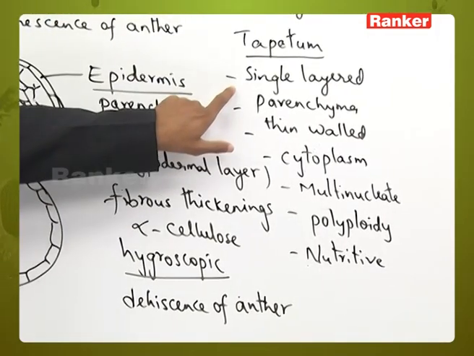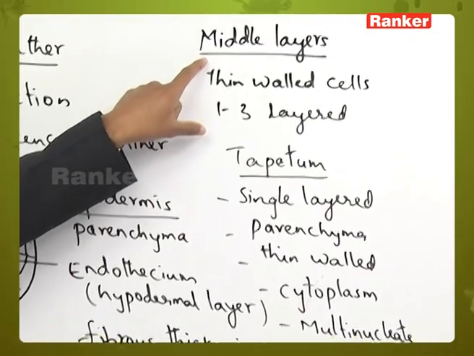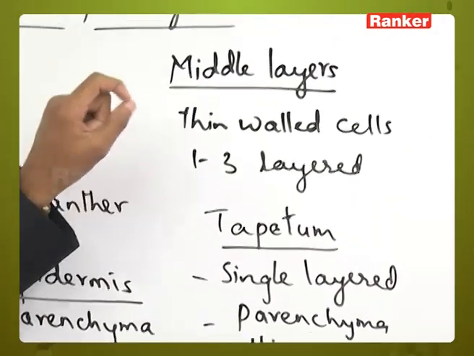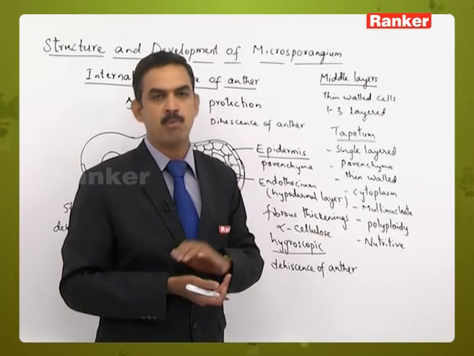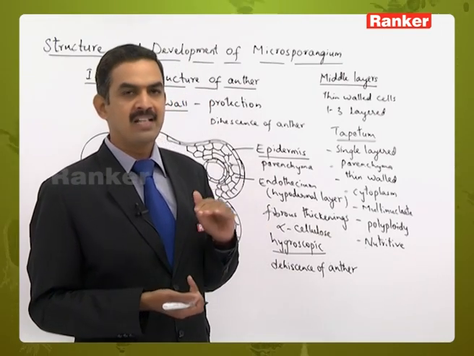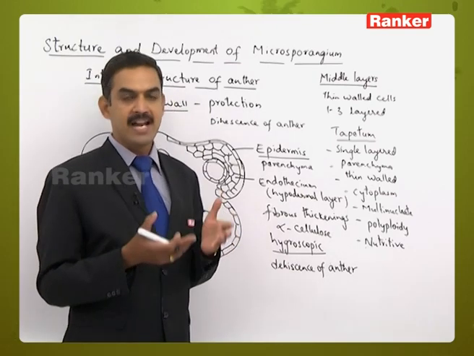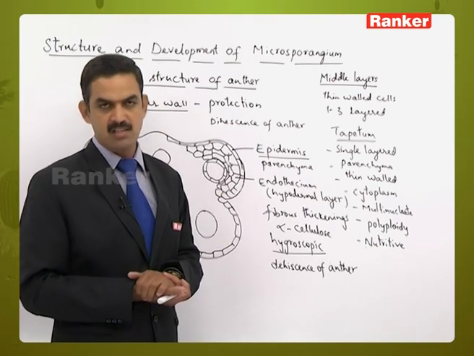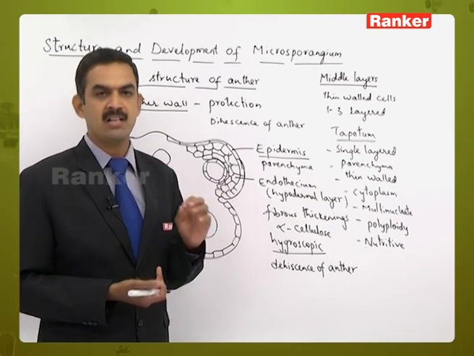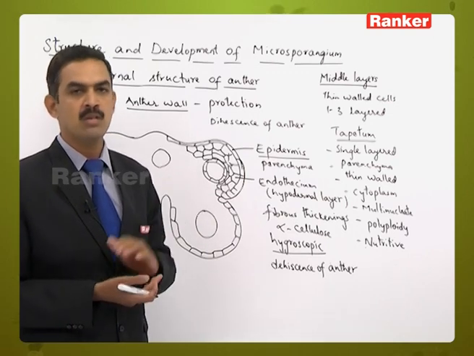Apart from the tapetum, as I said, the middle layers also act as a nutritive tissue, so the middle layers are also completely utilized by the developing pollen grains. So when the anther becomes matured and is ready to dehisce, we can see the presence of only the epidermis. A single layer of epidermis can be clearly seen in the matured anther.